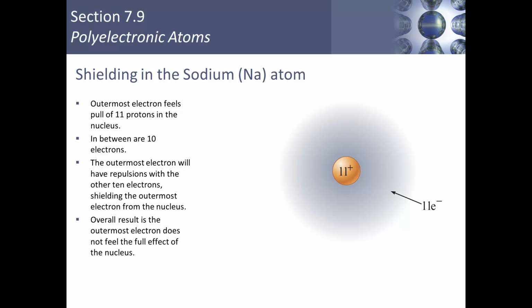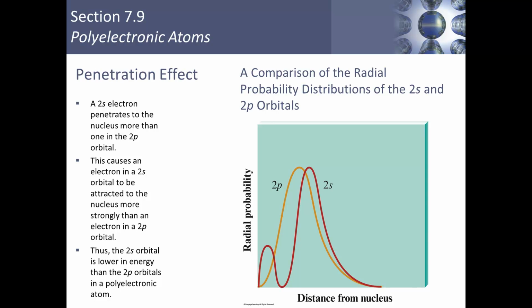So our picture for polyelectronic atoms is hydrogen-like. The orbitals have the same general shapes, but the sizes and energies are different because nuclear attraction and electron repulsions are different. We see a big difference with orbitals in the same principal quantum level. For hydrogen, all of our orbitals are at the same energy level, again, are degenerate.